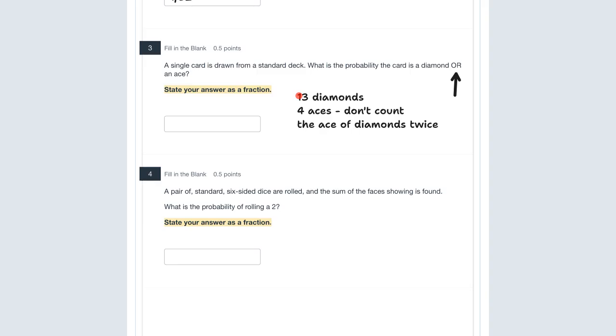So there's not 17, there are 16 cards that are an ace or a diamond because the ace of diamonds is in there. It's already counted. So this is 16 out of 52.